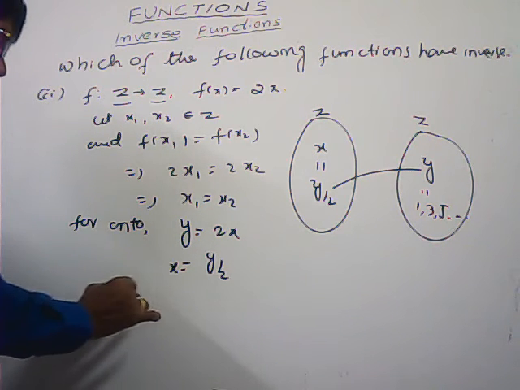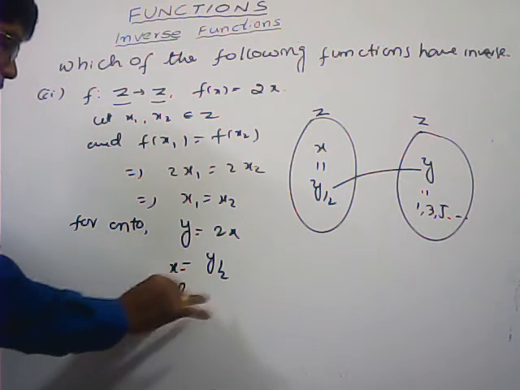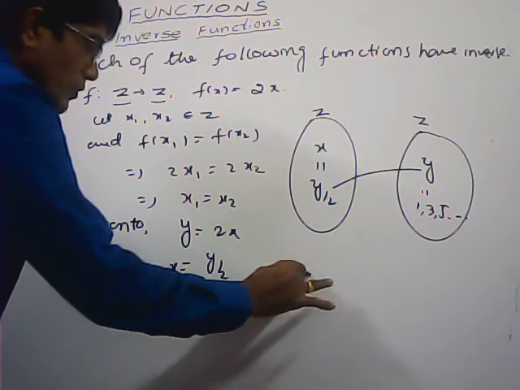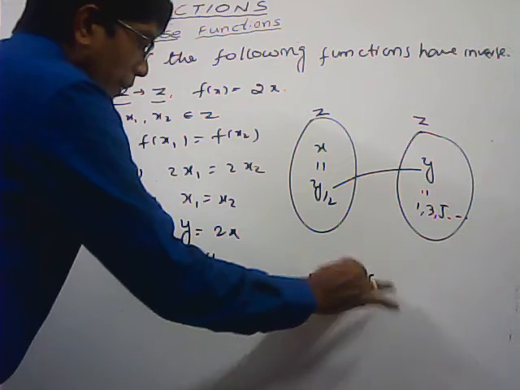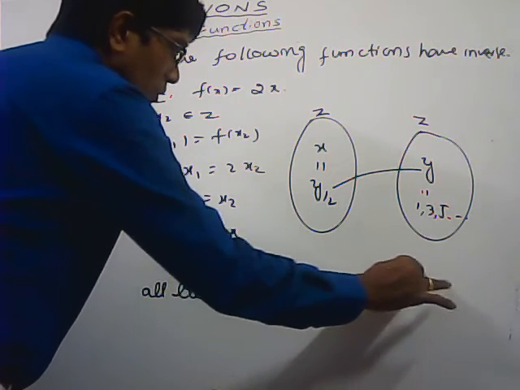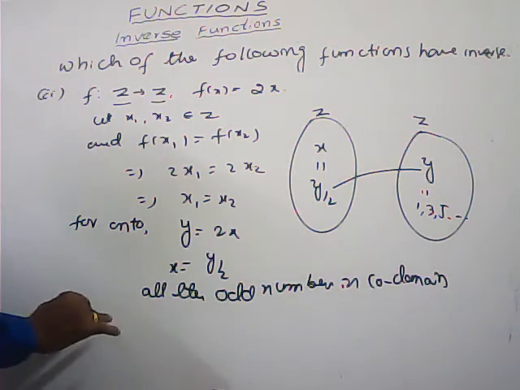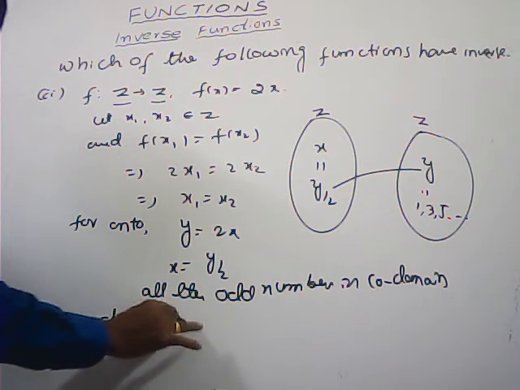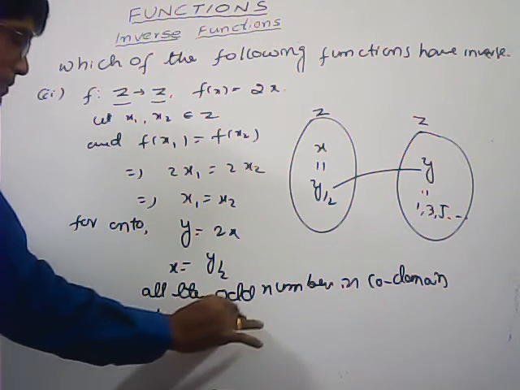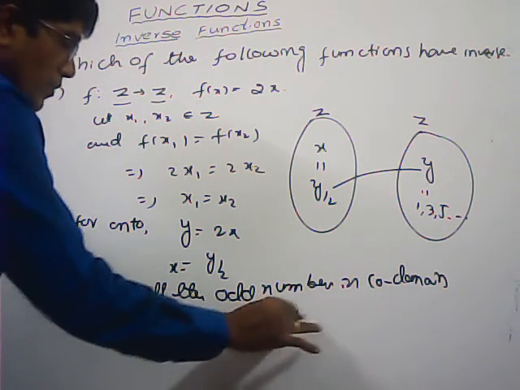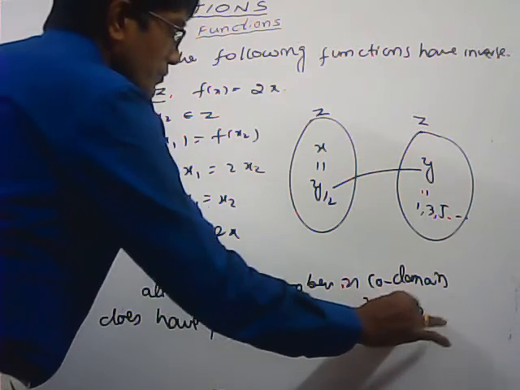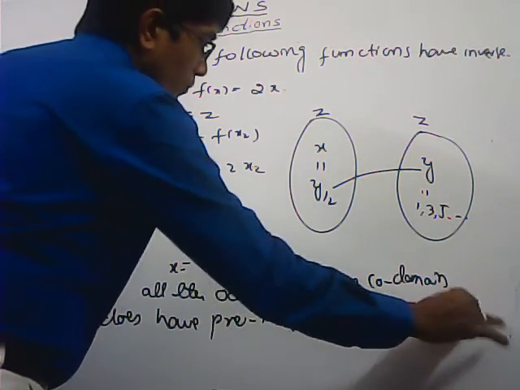Here we can write: all the odd numbers in codomain don't have pre-images. Therefore, f is not onto.